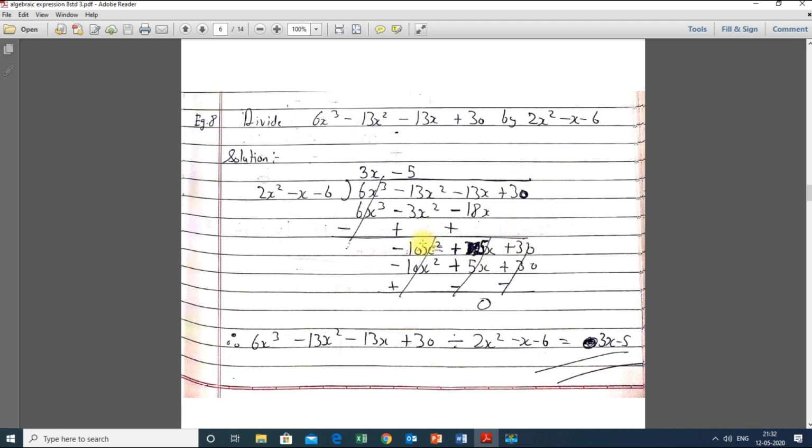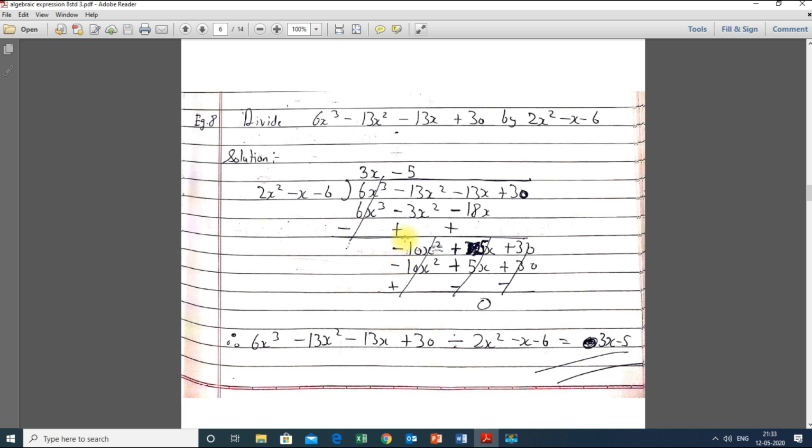Now what I will multiply with 2 to get minus 10x square? So here 2 fives are 10.